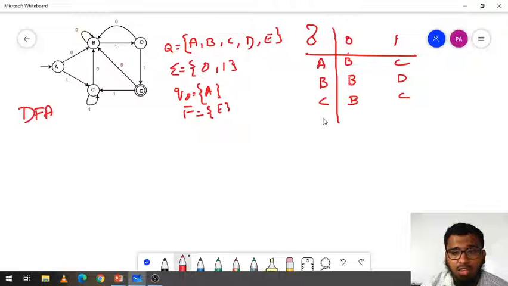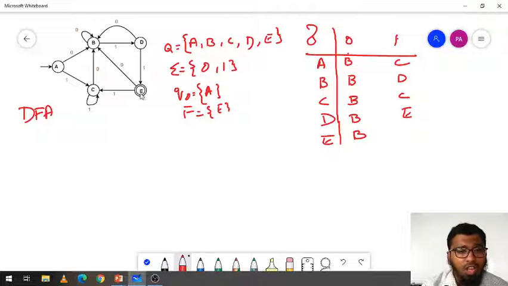Next D. From D on 0 it is going to B. D on 1 is going to E. Next, the last one, E. E on 0 is going to B only.